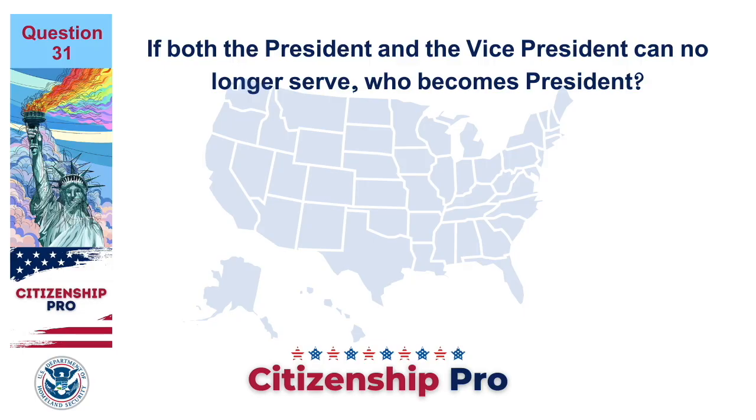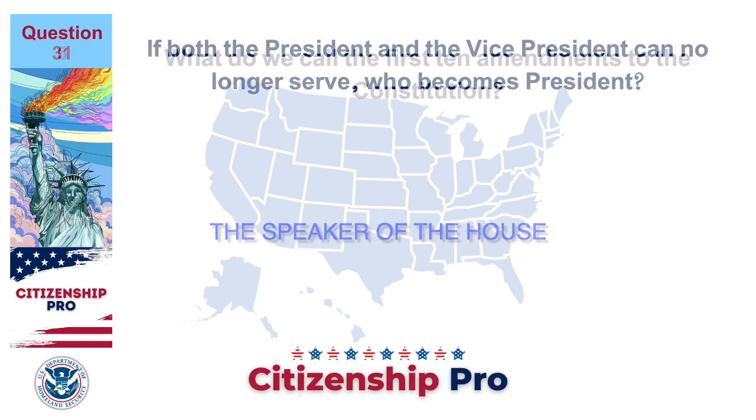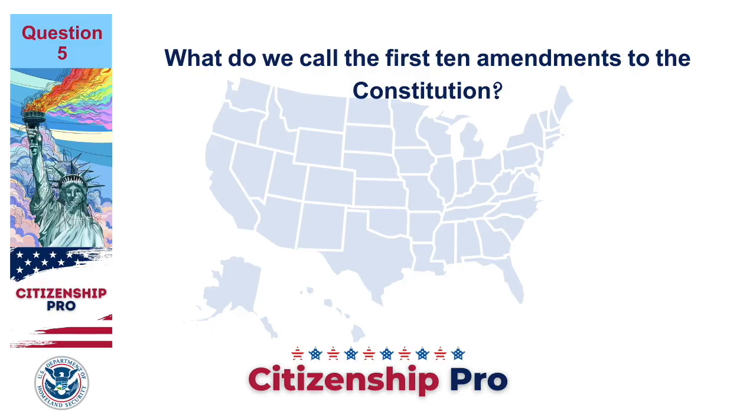If both the president and the vice president can no longer serve, who becomes president? The Speaker of the House. What do we call the first 10 amendments to the Constitution?